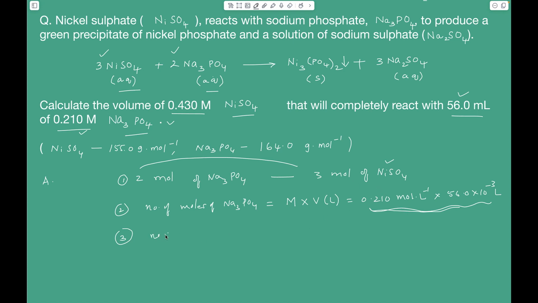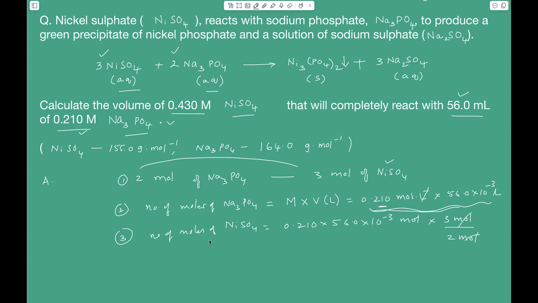So, number of moles of nickel sulfate is equal to this whole thing multiplied with 3 over 2, right? So, that would be 0.210 multiplied with 56.0 multiplied with 10 to the power of minus 3 mole multiplied with 3 mole over 2 mole.